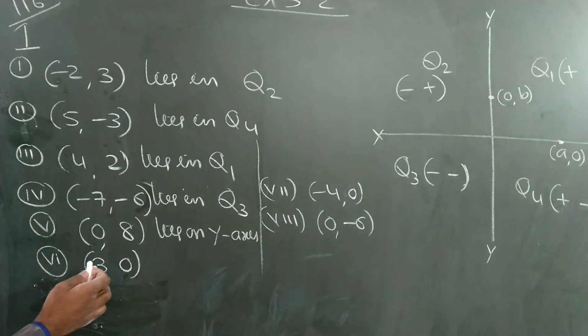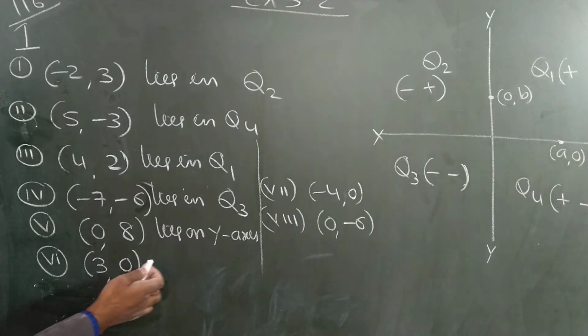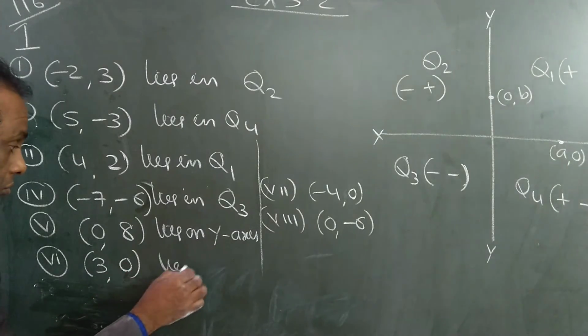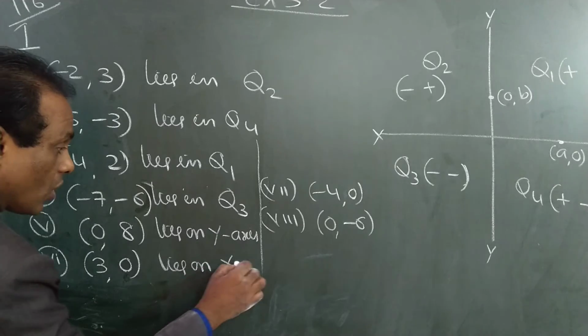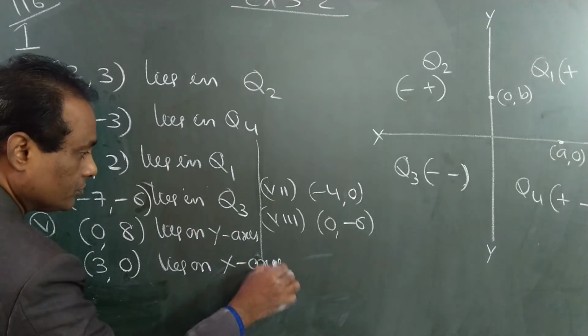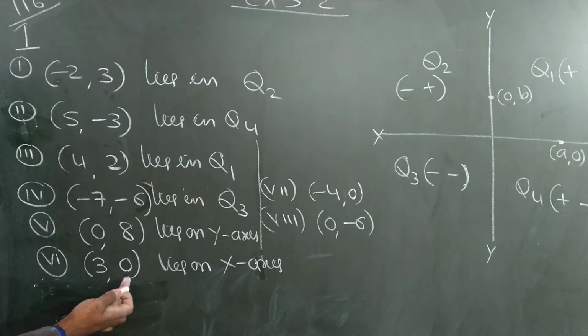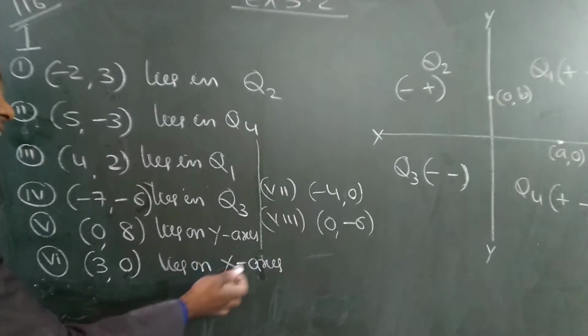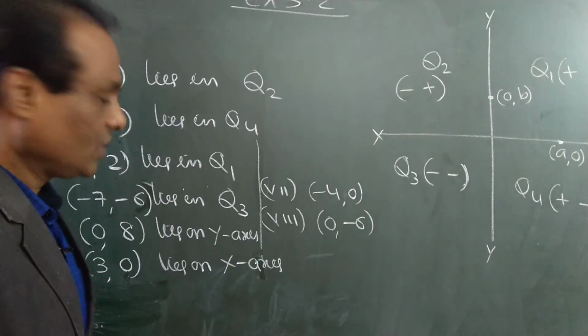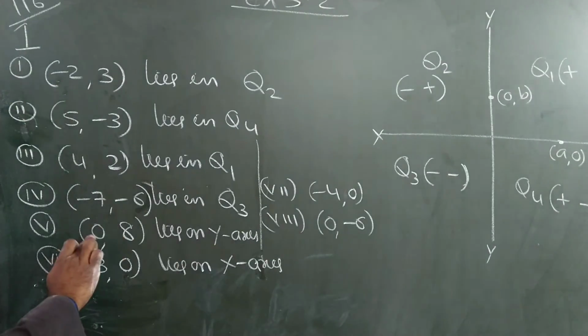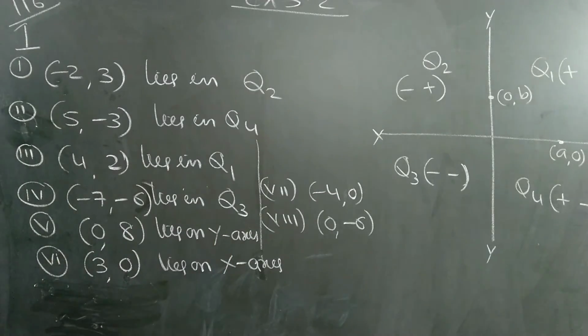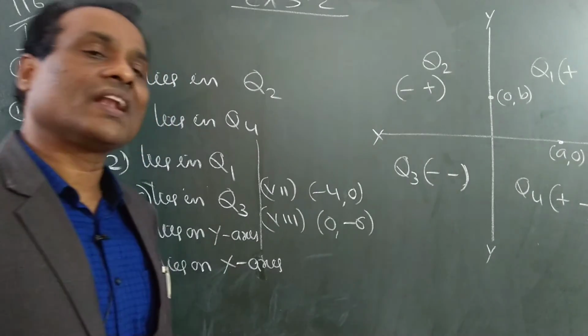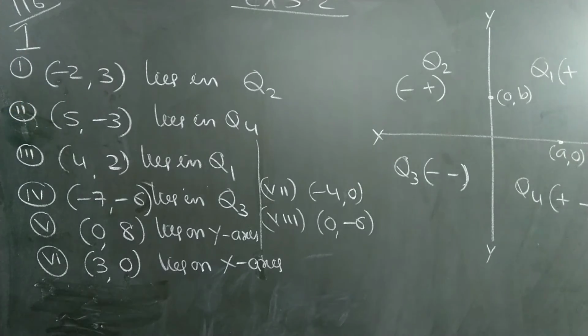Write down: here y coordinate is 0, therefore lies on x-axis. Y0 means x-axis. X0 means y-axis.